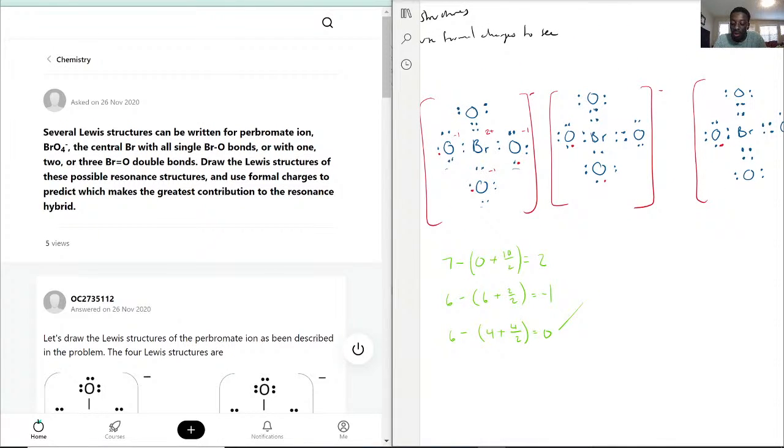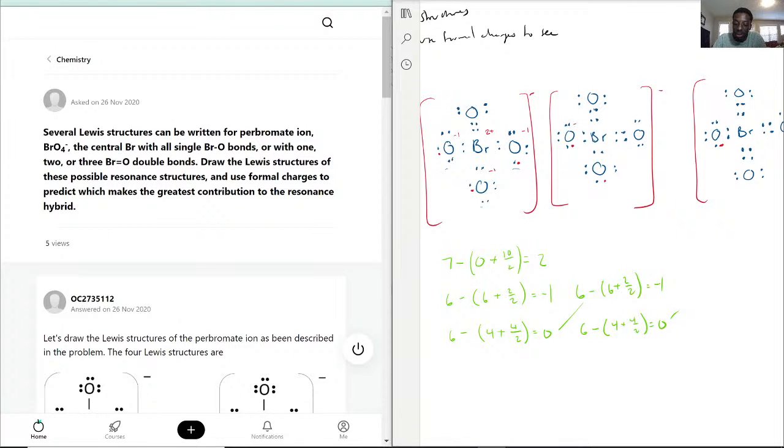And now we have 2 of them doing the same thing in the next resonance structure over. We have 6 minus 4 plus 4 over 2, which is still 0, and that's happening to 2 of them now. The other 2 are still going through 6 plus 2 over 2, which is minus 1.